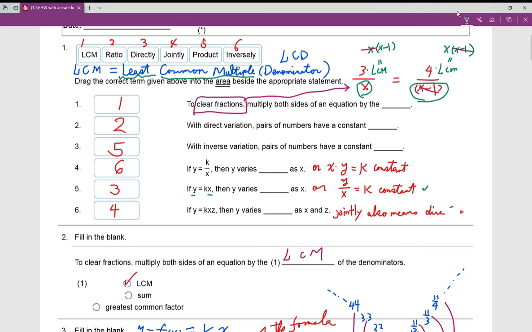And the inverse variation is this one. When you solve for y, x is on the denominator. So there's an inverse. Varies inversely. This varies directly as x.